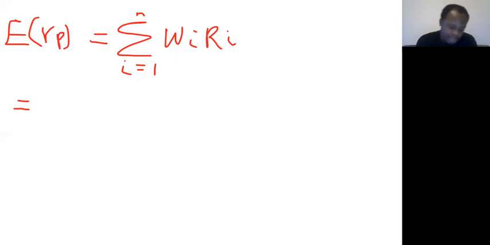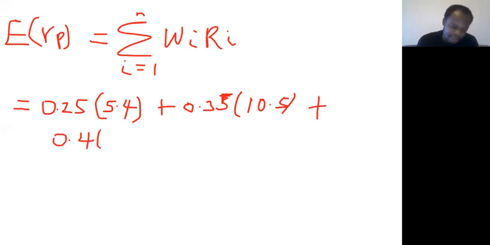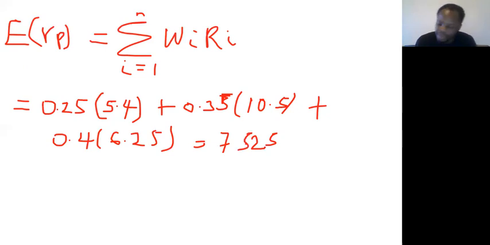So I have the first one being 0.25 multiplied by 5.4 that we got as the expected return, plus the next weight, 0.35, multiplied by 10.5, plus 0.4 multiplied by 6.25, and that gives us 7.525. So this is the expected return on the portfolio.